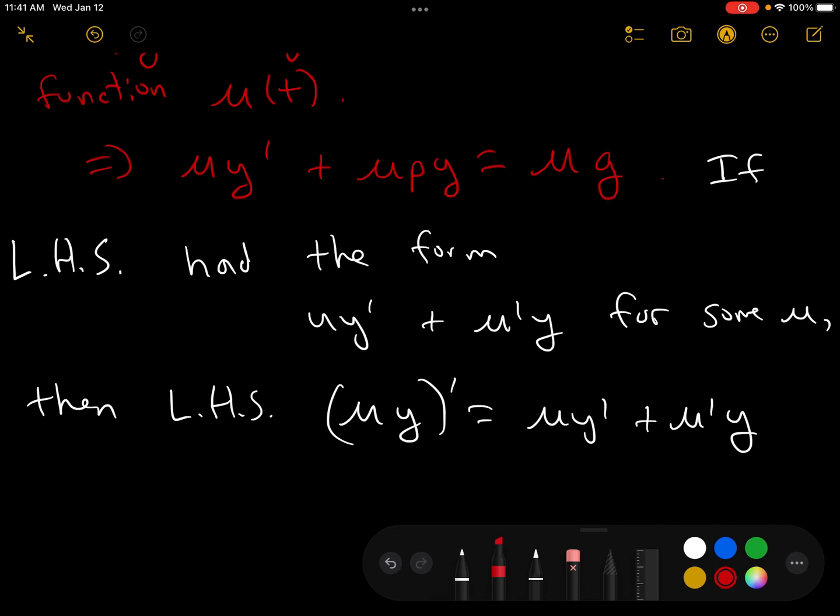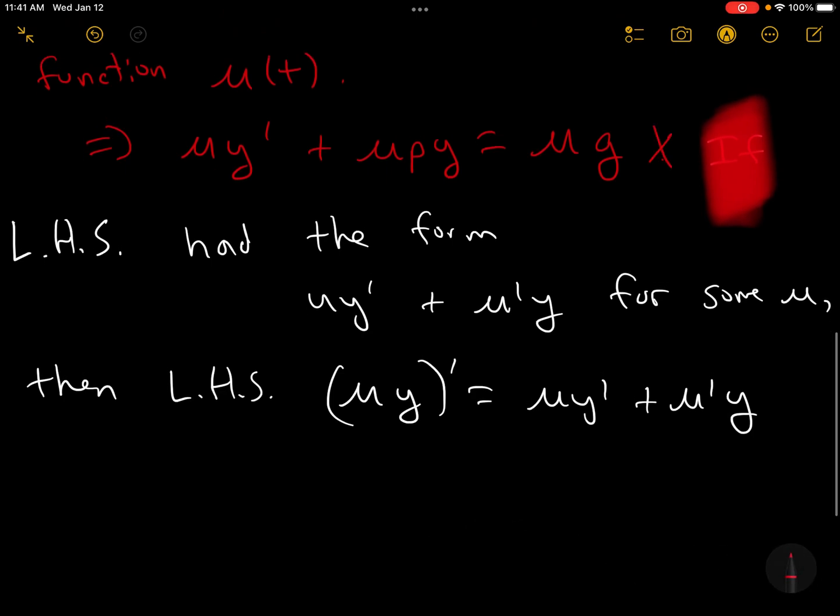That's a big if, right? If that was the case, then a lot of good things would happen. If we took this star equation, and by magic the left-hand side was the derivative of mu y, we would have that equal to the function mu g.